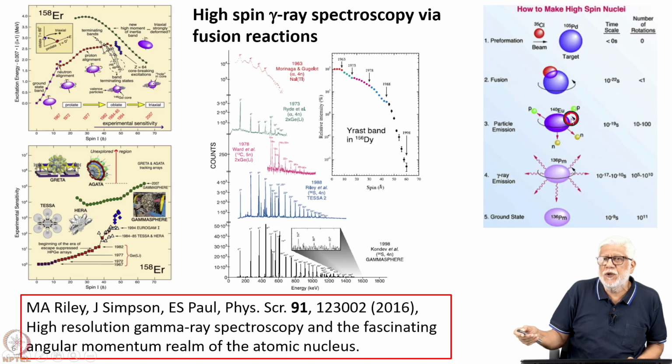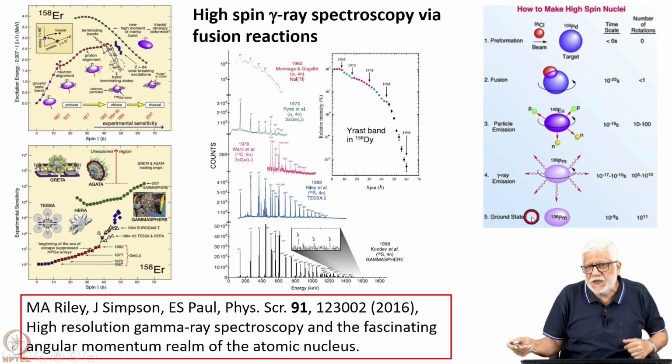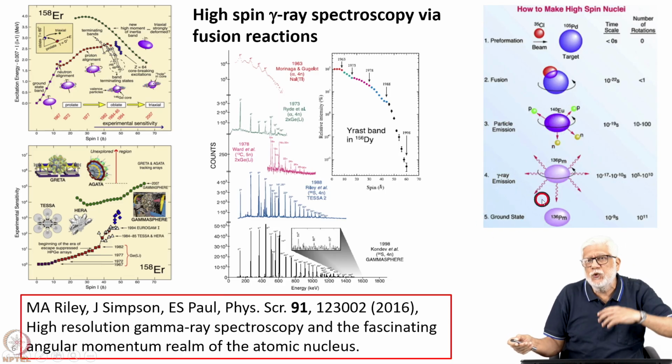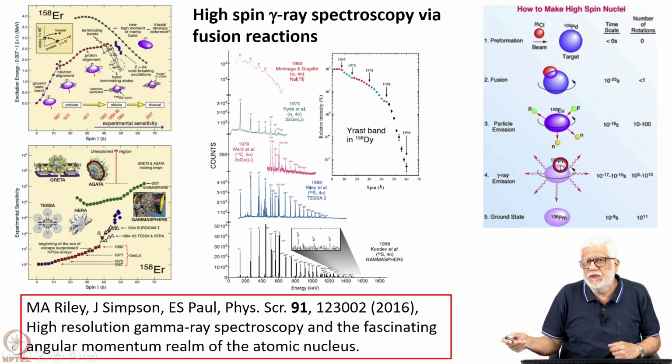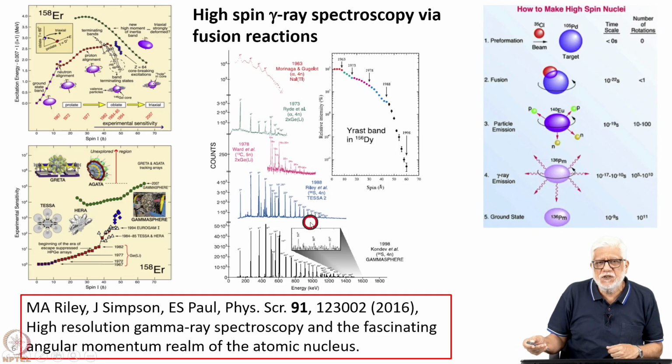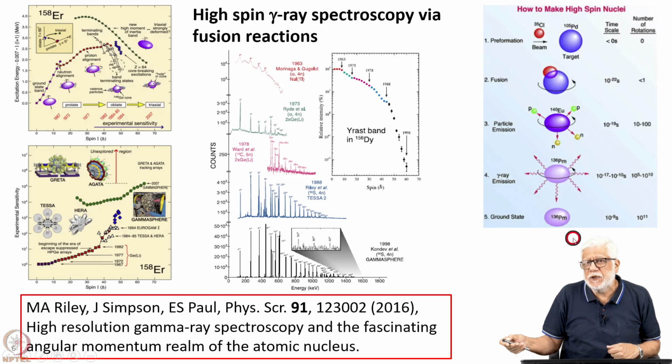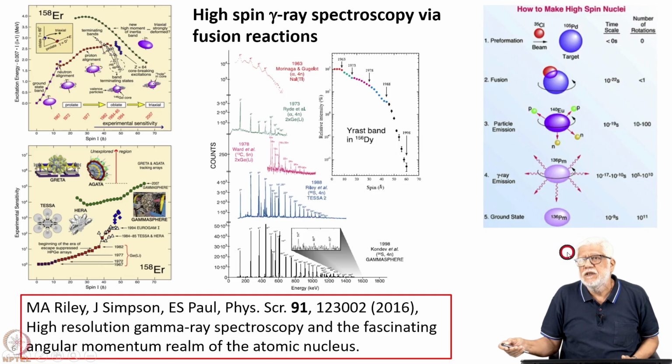Then of course, once you have evaporated particles and you have come down below the particle emission threshold, then you only have gamma ray emission. So initially you have some statistical emission, and then when you go down to the lowest bands, then you have a cascade of these transitions, and these are examples of that. And then ultimately you come down to the ground state.